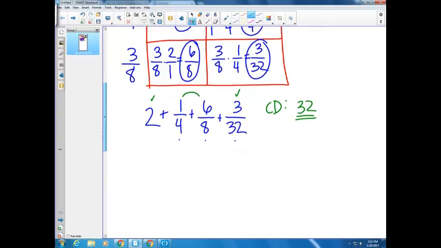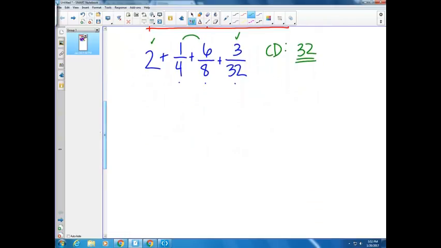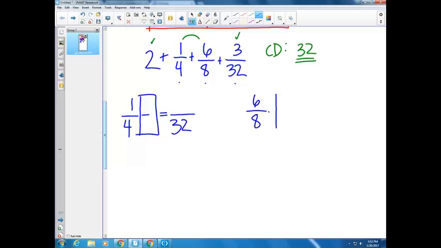So let's use our knowledge of giant ones to do that. I have 1/4 times some giant 1 to get to a denominator of 32. And we have 6/8 times some giant 1 to get to a denominator of 32 as well.